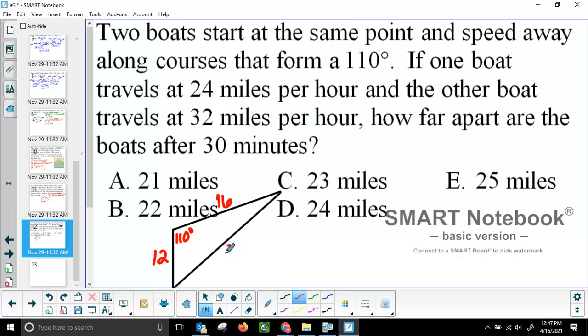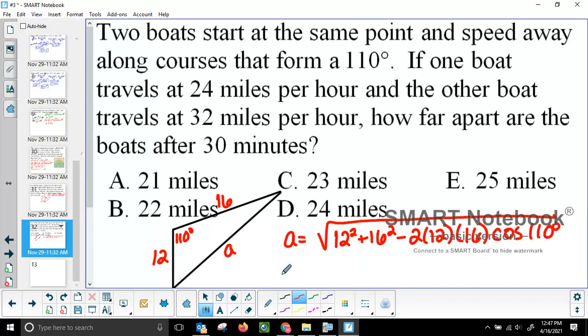Again, we can call this A and use our law of cosines. So 12 squared plus 16 squared minus 2 times 12 times 16 times the cosine of 110 degrees.